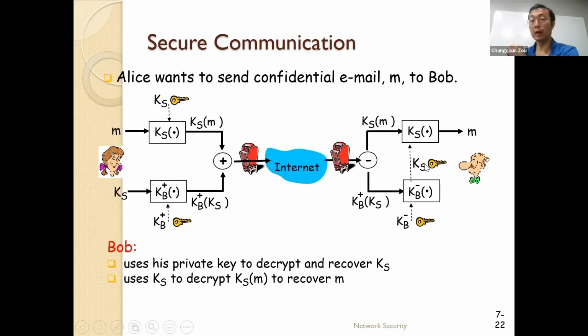Then he uses this recovered symmetric encryption key to decrypt the other ciphertext and recover the message M. In this way, you can have a secure communication. So KB plus and KB minus are used for this key distribution.